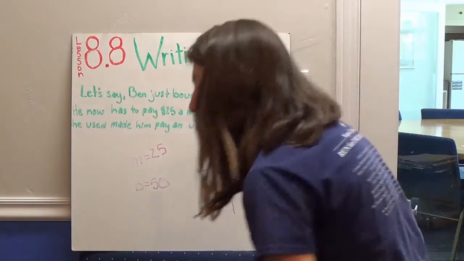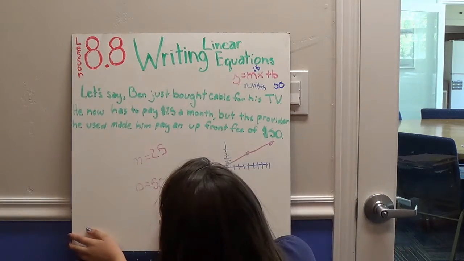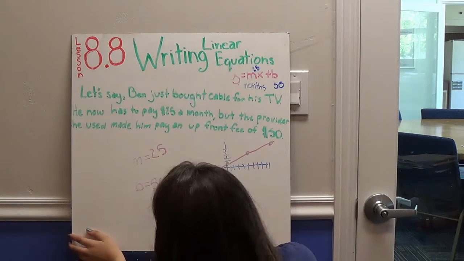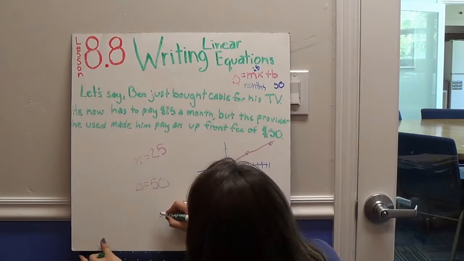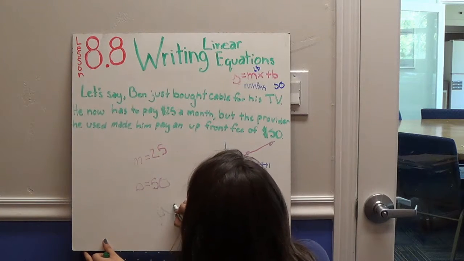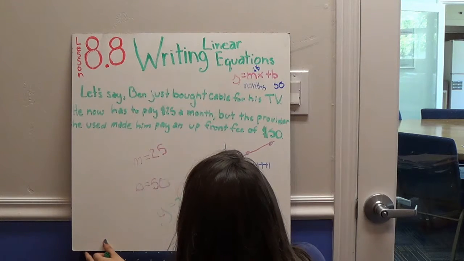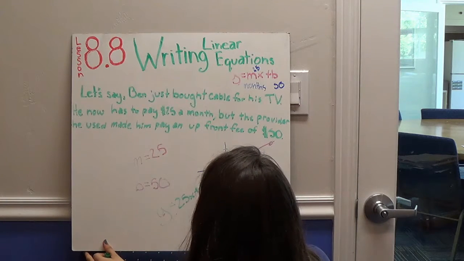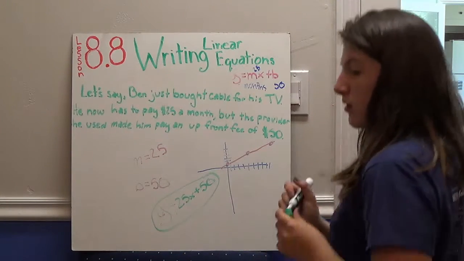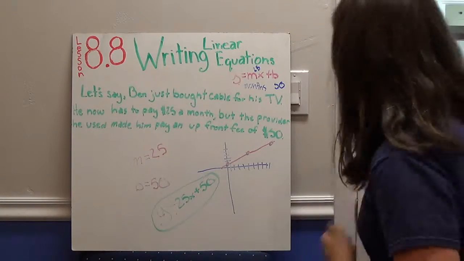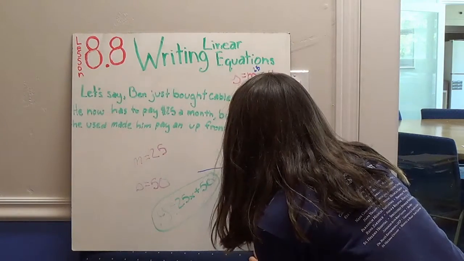And we'll have y, since this is our equation, and here's a different marker since I'm running out of ink. y equals 25x plus 50. Okay. Sweet. Oh, and this was money, and this was months.